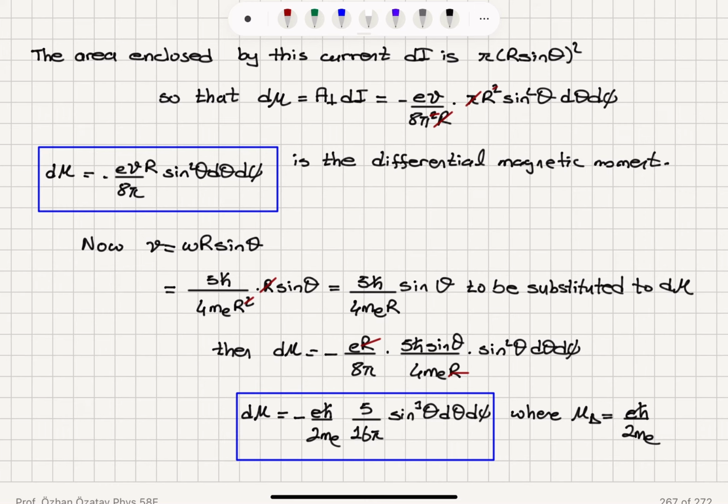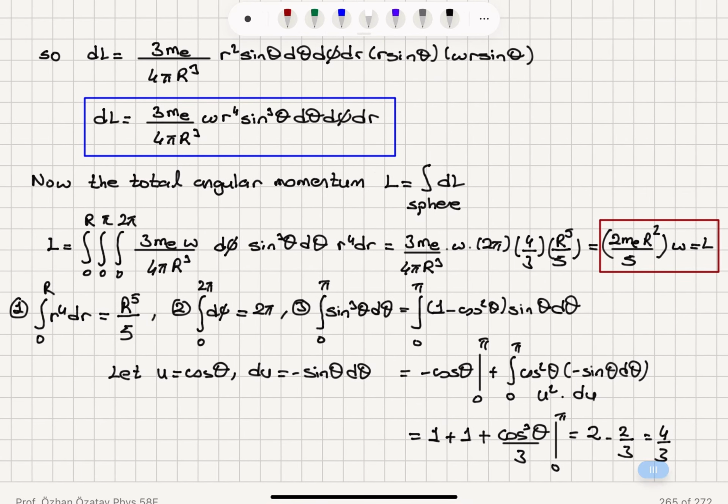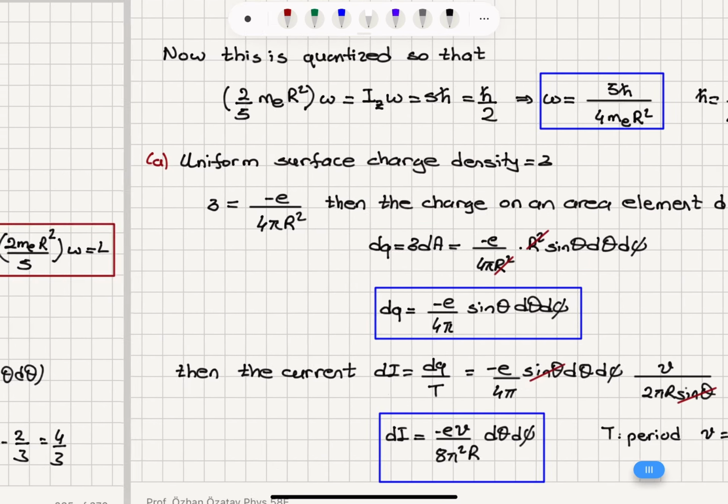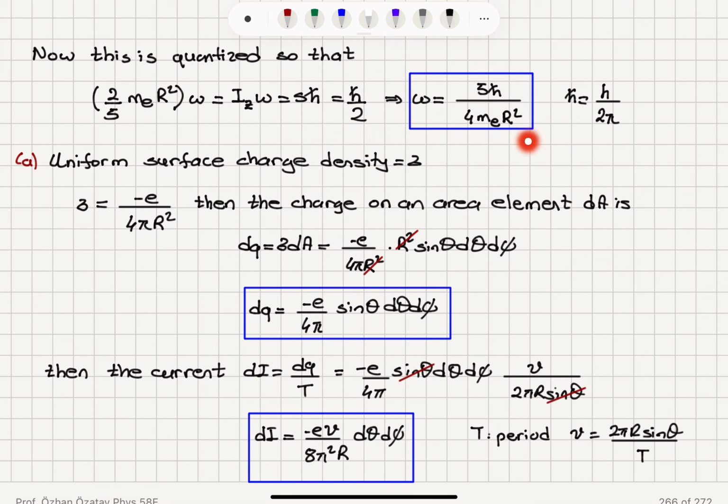And for the tangential speed here, which is omega times R sine theta for this area element, we can substitute the result we found for omega using the spin angular momentum quantization condition. We have this result for omega here, 5 h bar over 4 m_e r squared, which says that the angular momentum is quantized in units of h bar.